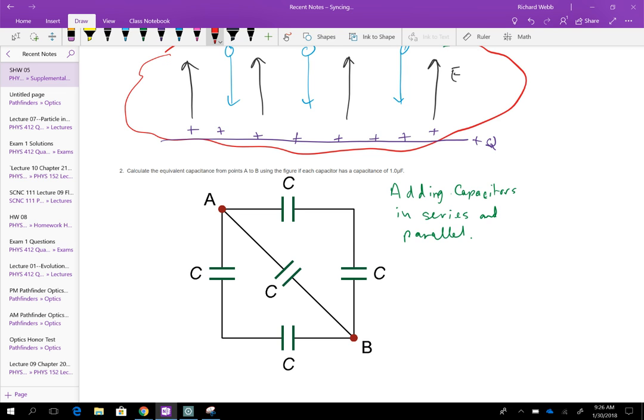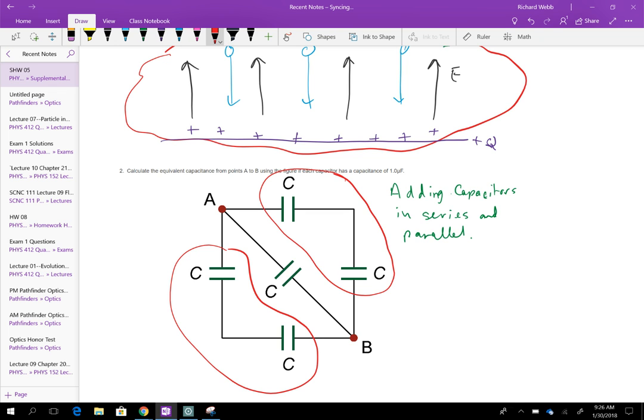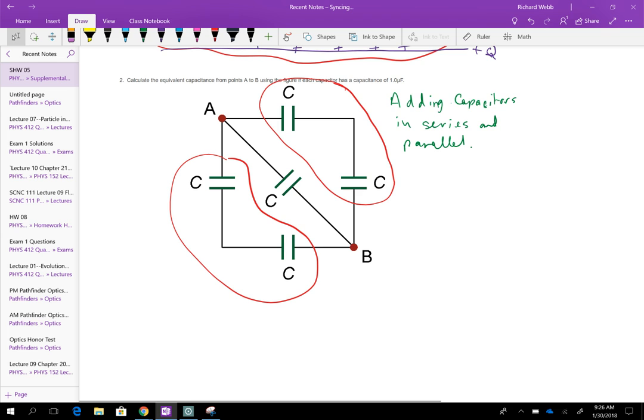It's kind of standalone. Everything else is in series. What you have is two pairs of capacitors that are in series. I've circled them in red. So let's combine those first. You would add them, and then all of them were in parallel.